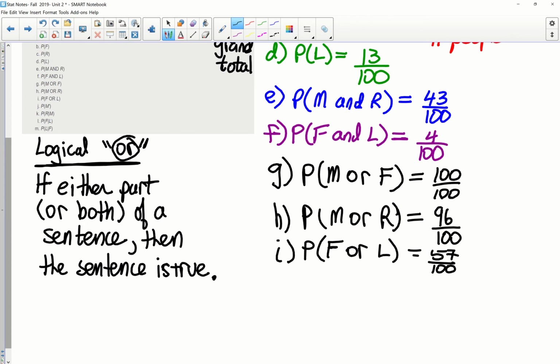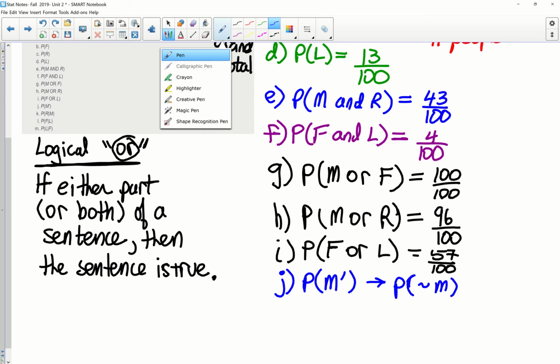Now, J is one of the ones I kind of alluded to last class, where I said that different books have different ways of representing not. There's a complement symbol. We use the tilde. This is the same as P of not M. So it means not.